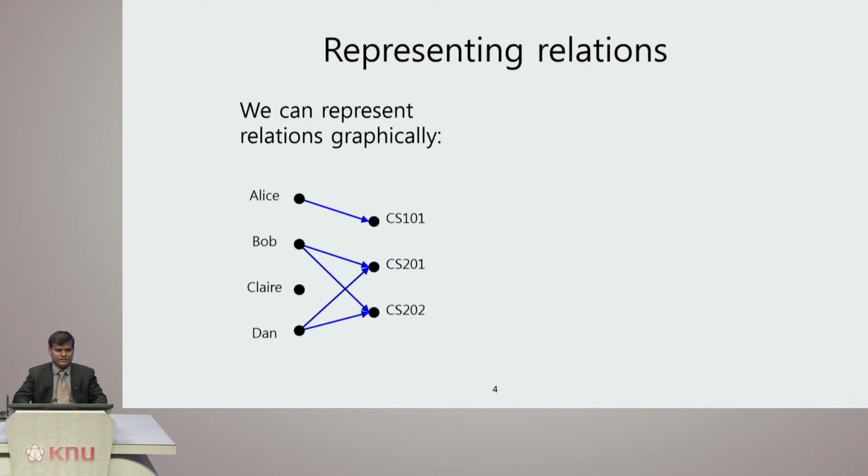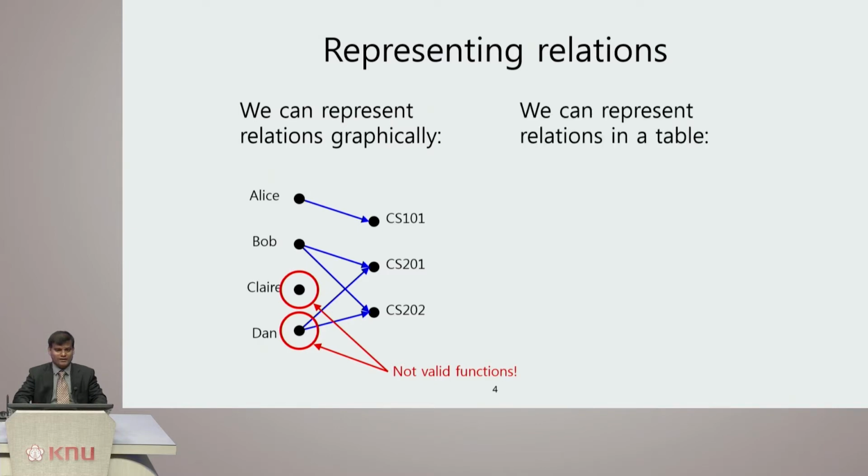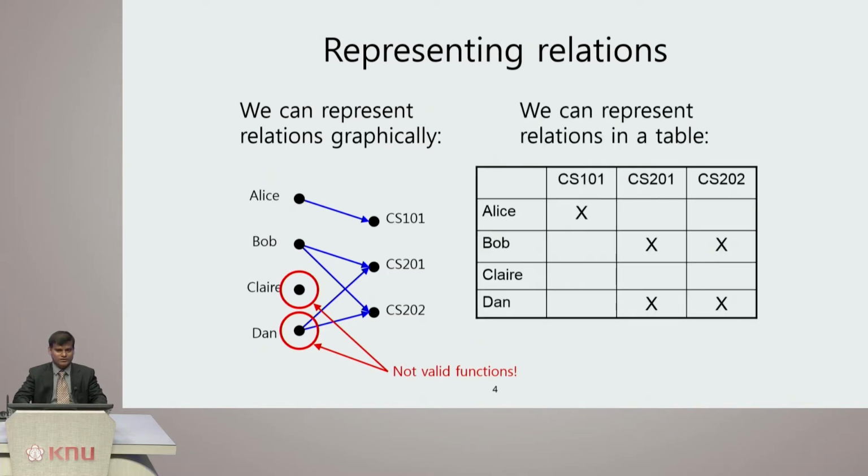So you can clearly see that Alice, Bob, and Dan are taking courses, but Claire is not taking a course, which means that this kind of relationship is not really a function, but it is a valid relation. This table also represents the same idea of Alice, Bob, and Dan taking the course, though Claire is not in this list.